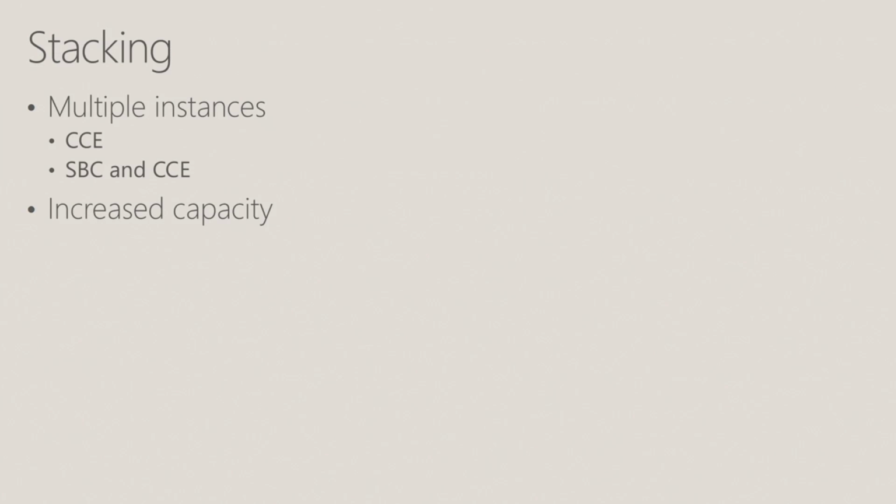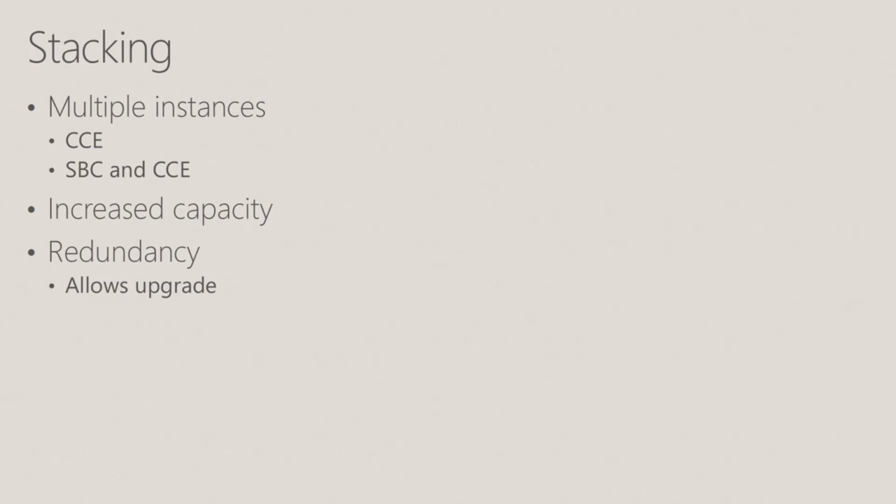So stack them. It supports setting up multiple CCEs in the same local domain. And you use this both on the CCE side, and you could use it on the SBC side as well. You do it to increase your capacity. You do it to introduce redundancy.